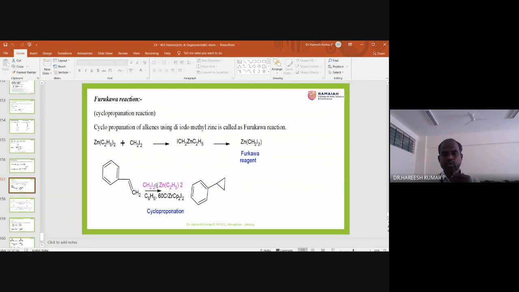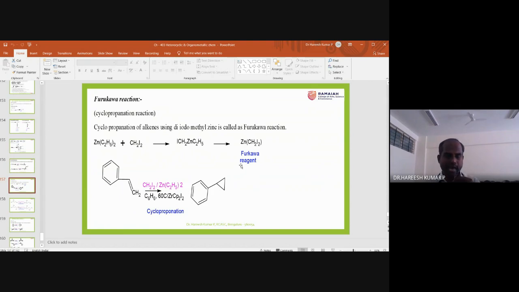And these two react. How do they react? This is the equation. So in this equation, what you will get is a zinc dihydro methyl zinc. So using this, a double bond is converted into cyclopropane, and this process is called cyclopropanation reaction.